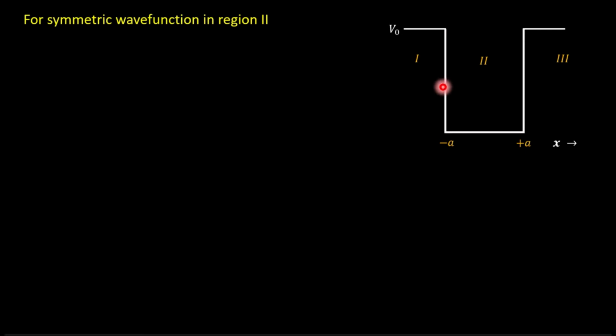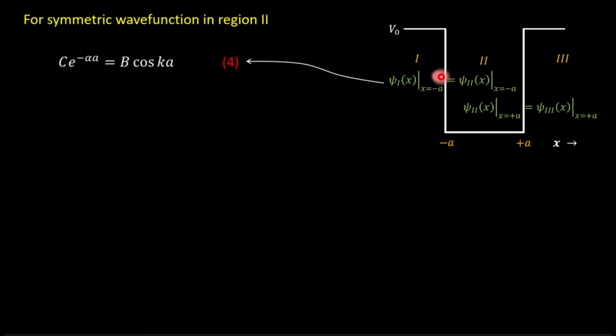We know that the wave functions must be continuous at the boundaries between regions 1 and 2 and also between 2 and 3. So at x equal to minus a and at x equal to plus a, we have these conditions. At x equal to minus a, psi 1 and psi 2 must be the same, and at x equal to plus a, psi 2 and psi 3 must be the same.